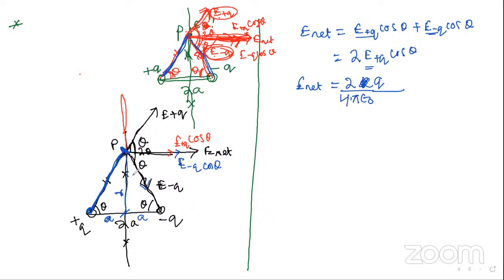Like a right angle triangle, suppose this is a right angle triangle. This is your a, this is your r. What can you write for this one? Hypotenuse. This is our distance between the charge and the point P. This is point P, this is our charge Q. So this is the distance.